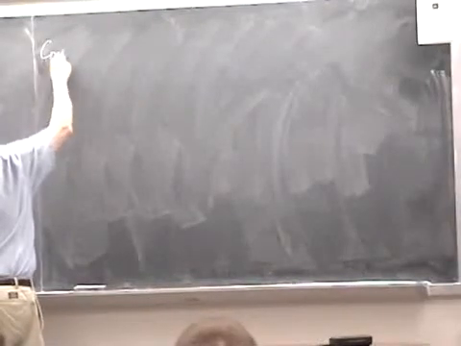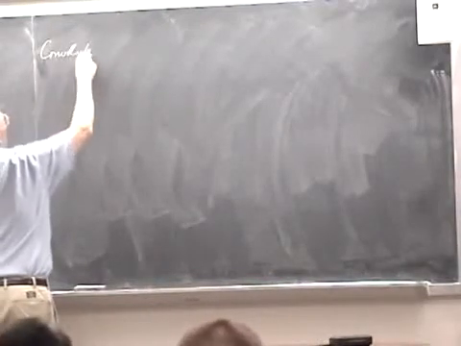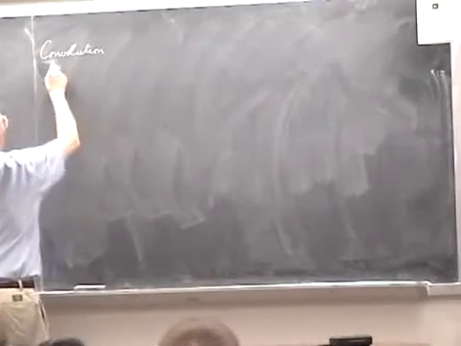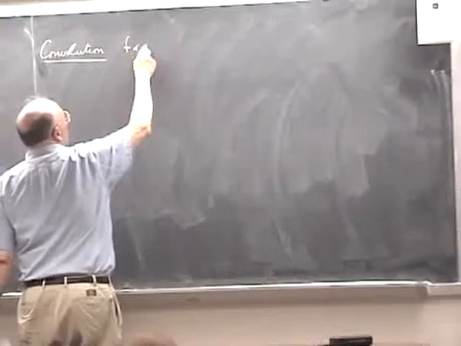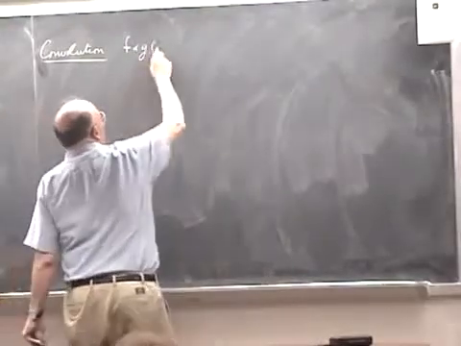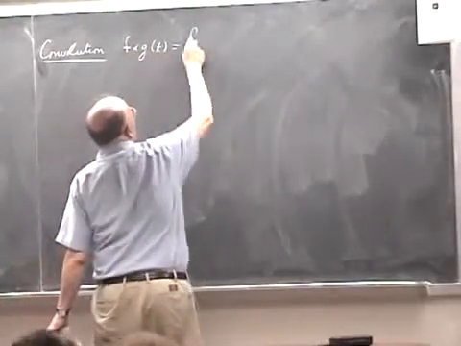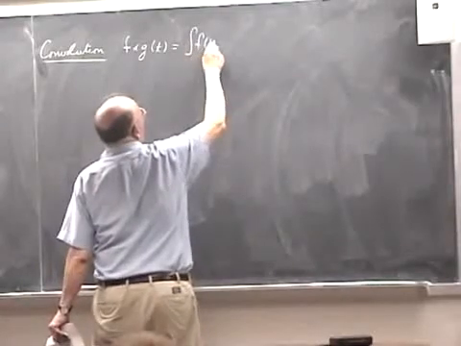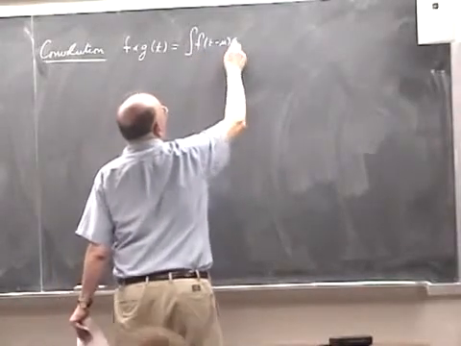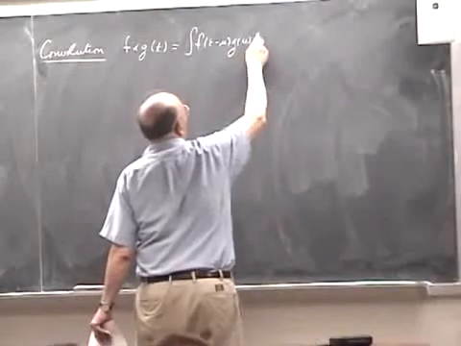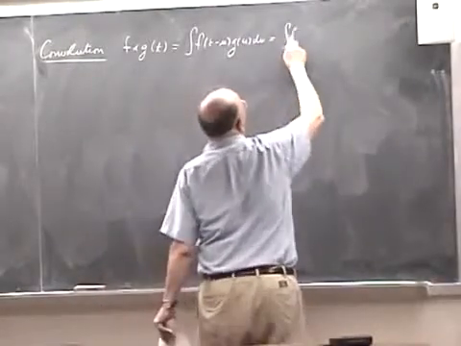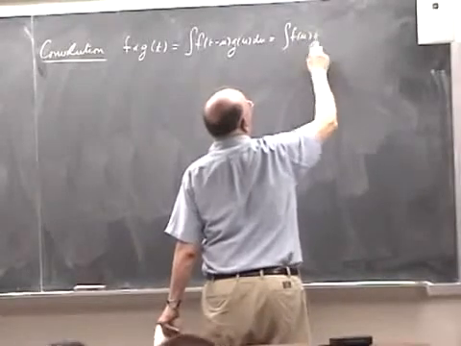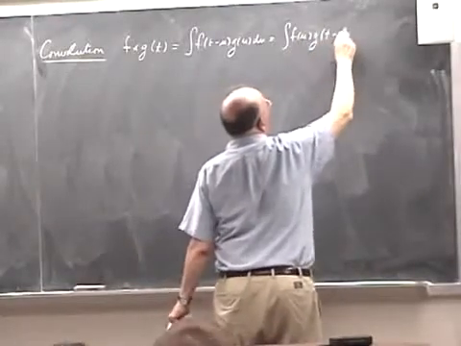So convolution. F star g of t is equal to the integral of f of t minus u, g of u, du, and if you make the change of variables, that's equal to the integral of f of u, g of t minus u.